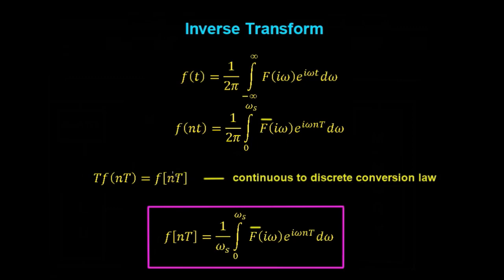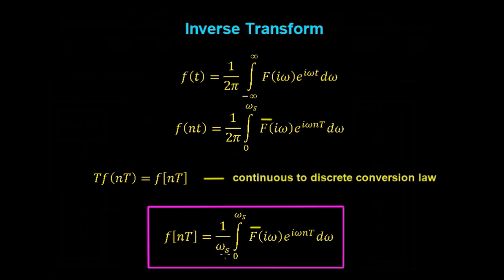And again, here's our conversion factor here. It's going to be T f(nT) equals f(nT). So it means that we're going to introduce an extra factor of T in here. So we're going to end up with a T upon 2π. So ωs is actually 2π upon T. So T upon 2π is going to be 1 upon ωs.